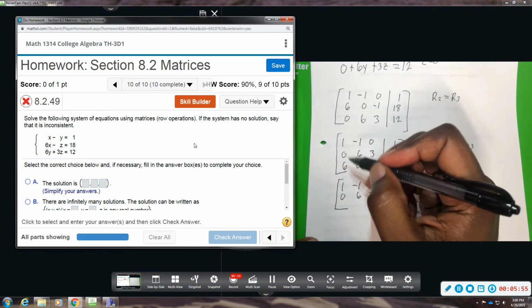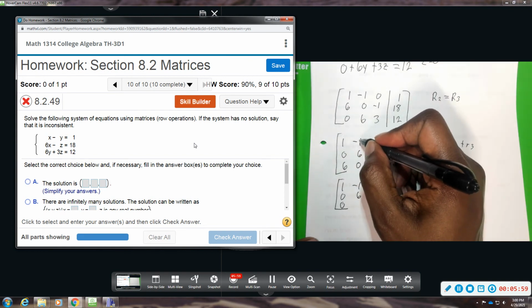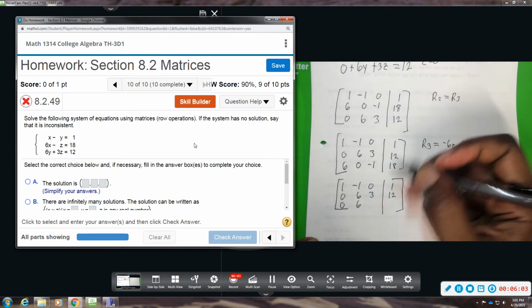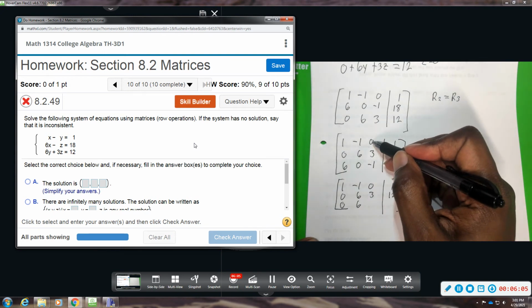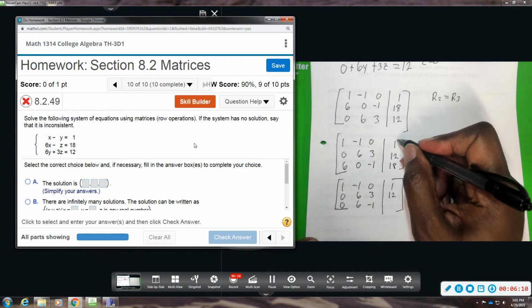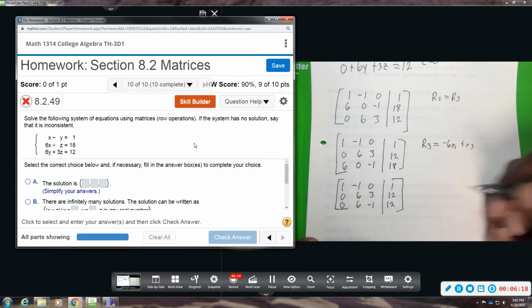Negative 6 becomes a negative 6. Add it, we get a 0. Times negative 6 will be positive 6. Plus that, we get 6. Negative 6 times 0 is 0. Plus that, we get a negative 1. A negative 6 times this is negative 6 plus 18 will give me 12.